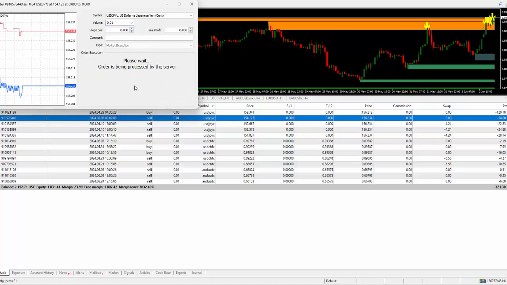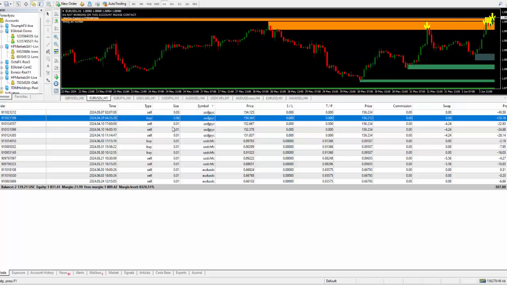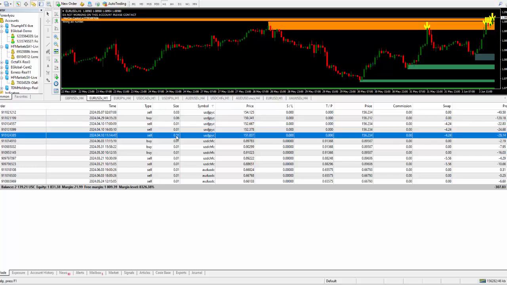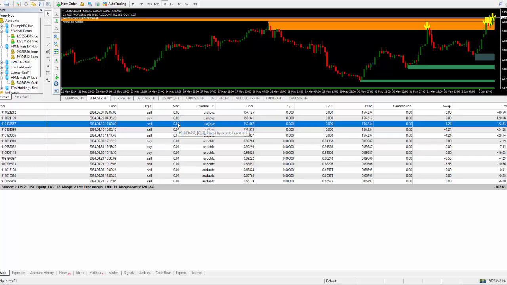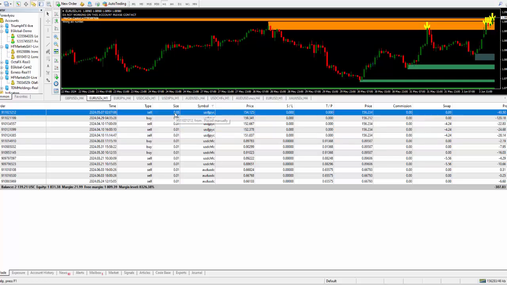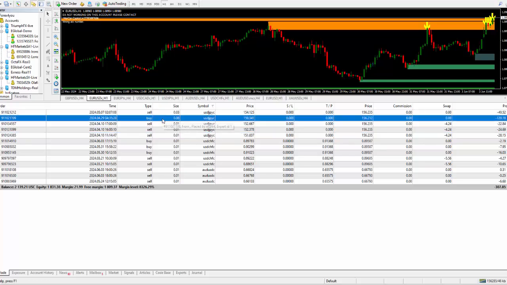So we close it. Good. That means if you look at sell side, we have 1, 2, 3, which is 1, 2, 3, and plus 3, making 6. And you look at the buy side, we have 0.06.